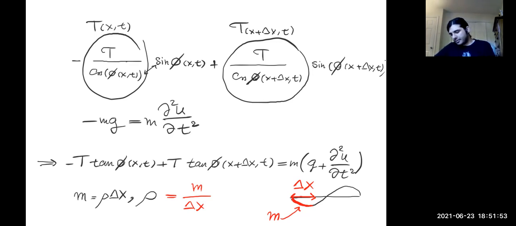So I can replace this m here by rho delta x, where rho is a kind of density. I'm not considering the area of the string. I'm just thinking about it as something one-dimensional. Great. Okay, so let's rewrite this equation. Let's go to the next page.